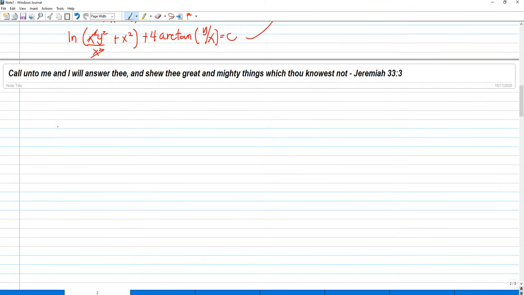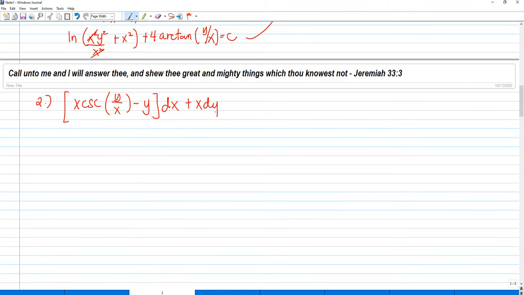So for problem number 2, let's try x cosecant of y over x minus y dx plus x dy equals 0. This would be our M in terms of x and y, and this would be our N in terms of x and y.